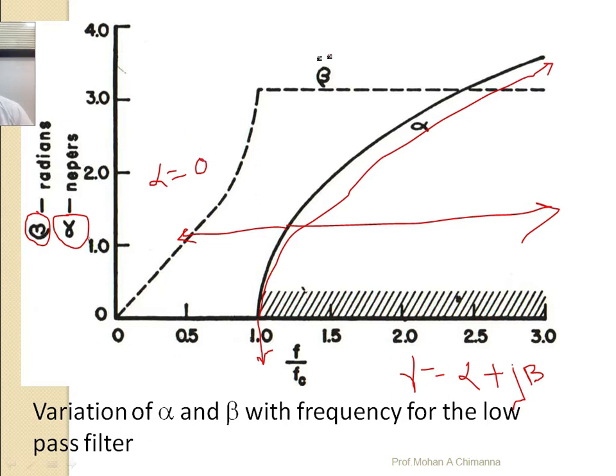Then we see its phase constant beta. Initially the phase constant beta is 0, and as the frequency increases, its angle, meaning its phase, also goes on increasing up to this level. Just before the cutoff frequency, your phase is constant.